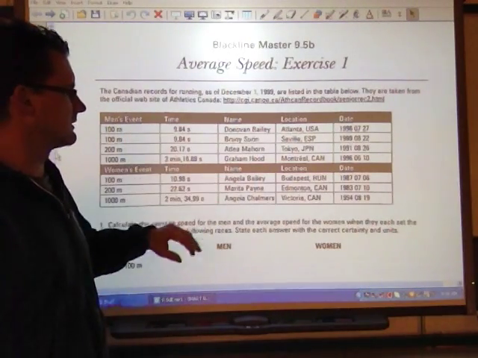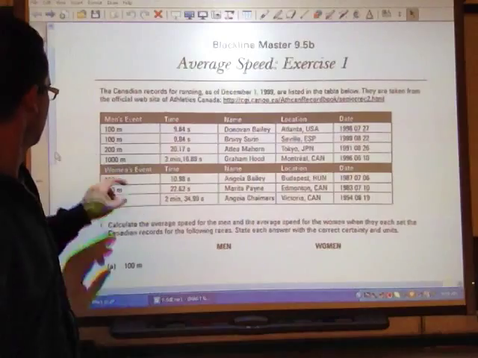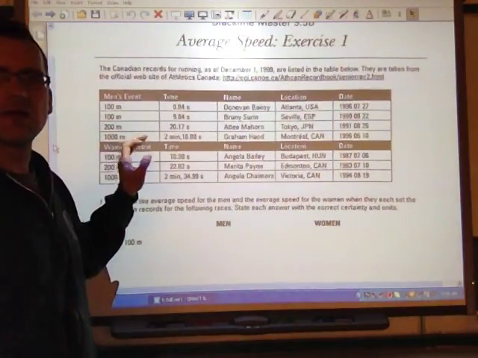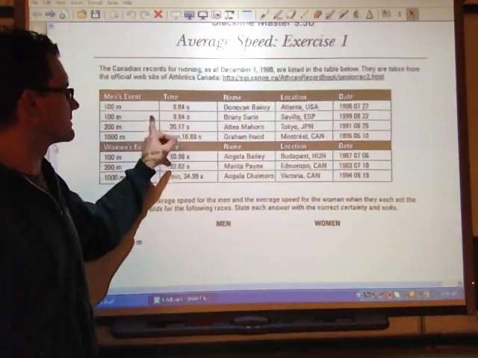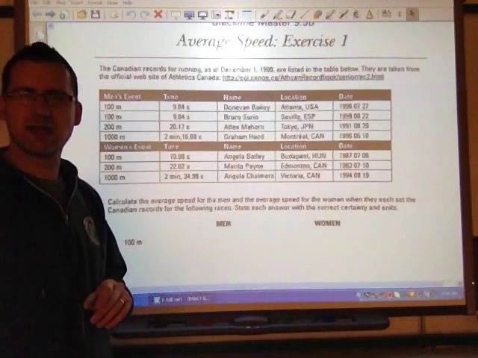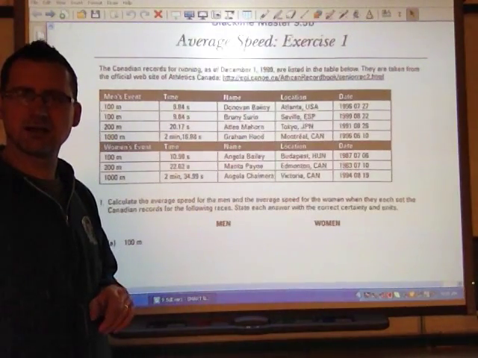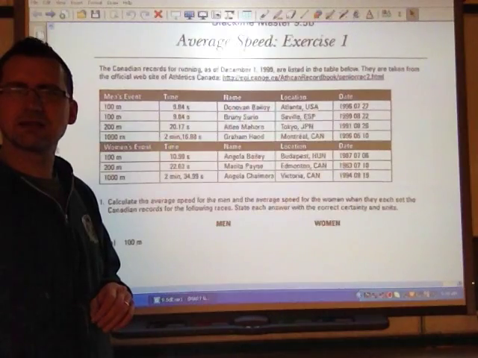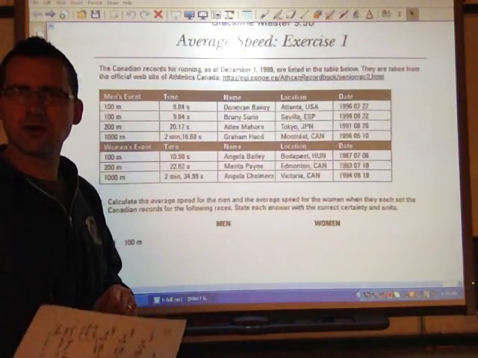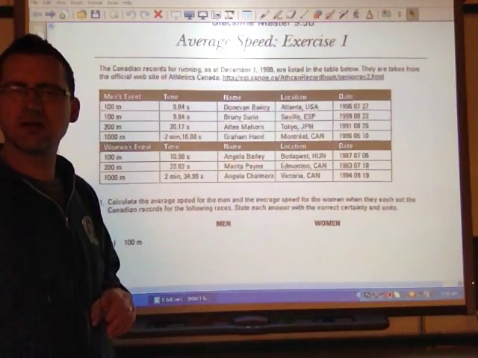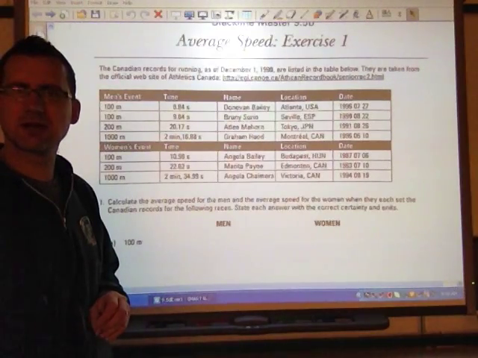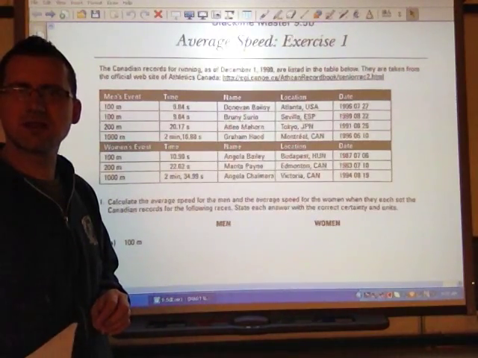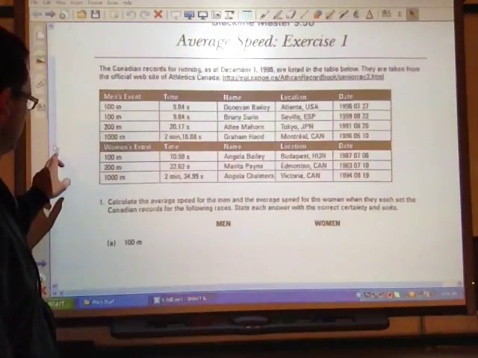And of course, different winners from different countries, etc. So we'll be figuring out speed in terms of meters per second because those are the units we have. The question at the end looks at who is the fastest runner overall and then converts that into kilometers. So how many kilometers per hour can one of the fastest humans on the planet actually run?